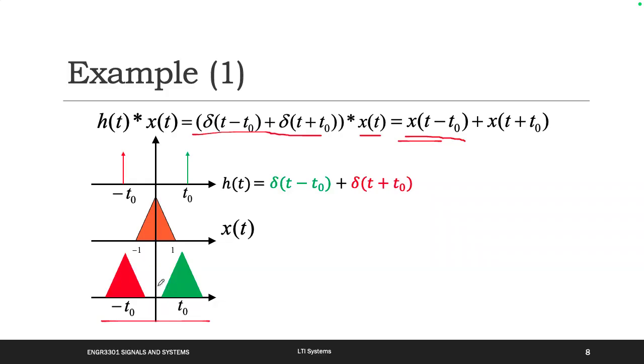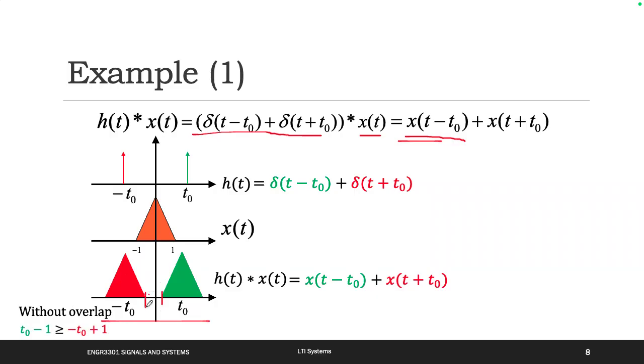So there will be a condition of no overlap. If there is no overlap, this point should be greater than this point. That makes sense to you? So we have this equation, and then 2t0 should be greater than or equal to 2, and t0 should be greater than or equal to 1. Am I right? Any question? Okay, no question.